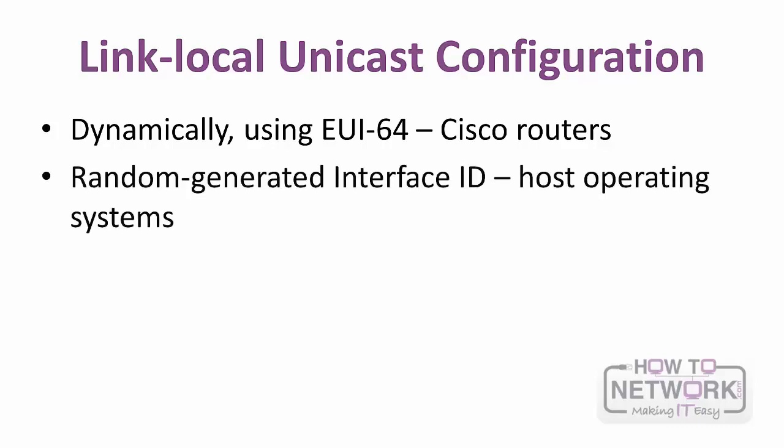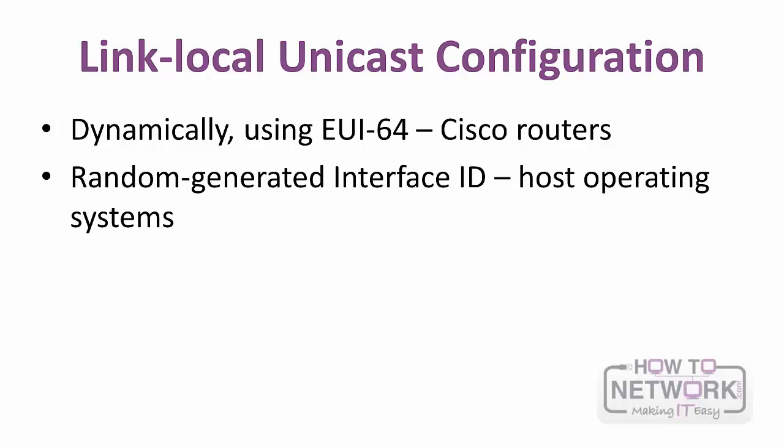Randomly generated interface ID. EUI-64 is a convenient technique for automatically creating a 64-bit interface ID, but it introduces a concern for some users: the ability to trace an IPv6 address to the actual device using the MAC address used to create the interface ID.